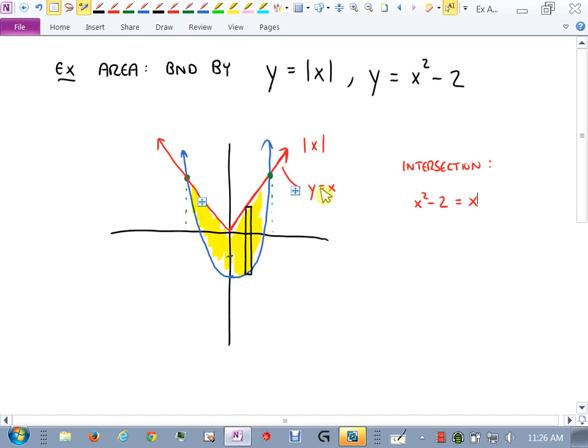So I'm setting this red one equal to the blue one. And that's a quadratic, isn't it? You get x squared minus x minus 2 equals 0. Factor: x minus 2, x plus 1 equals 0.